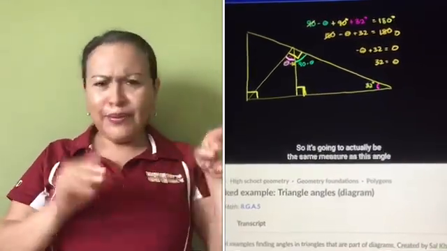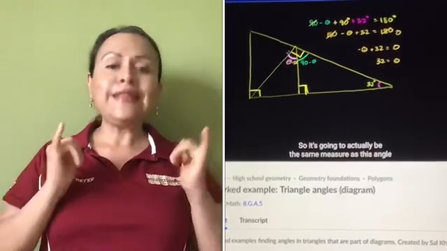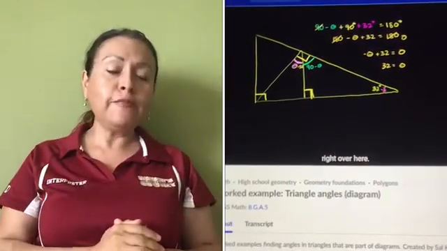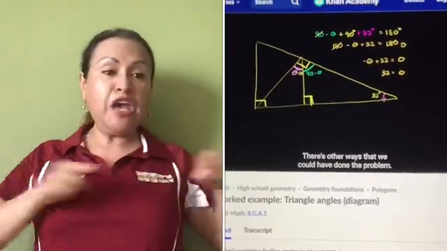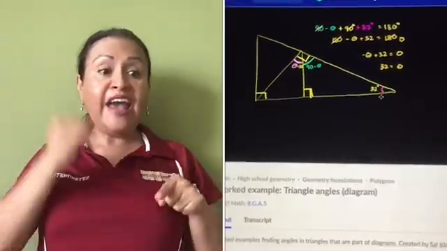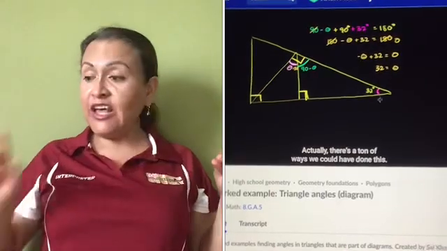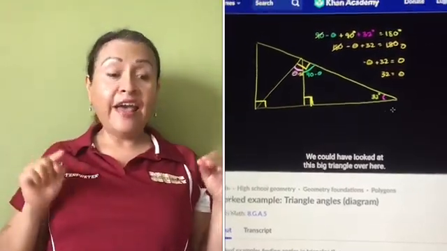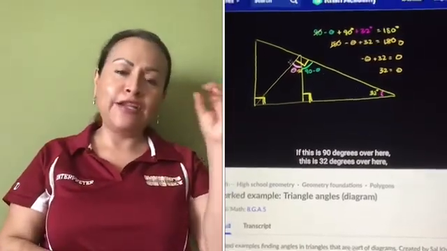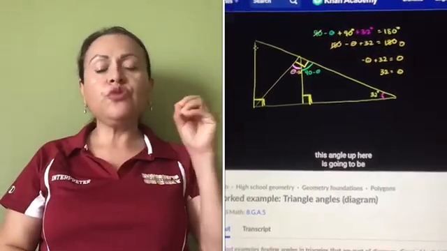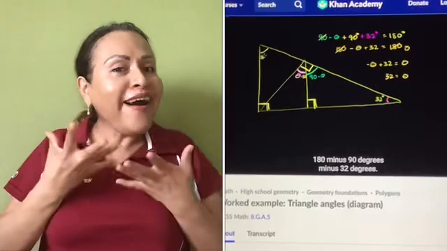There's other ways that we could have done the problem. And actually there's a ton of ways we could have done this. We could have looked at this big triangle over here. We could have said, look, if this is 90 degrees over here, this is 32 degrees over here, this angle up here is going to be 180 minus 90 degrees minus 32 degrees, because they all have to add up to 180 degrees.